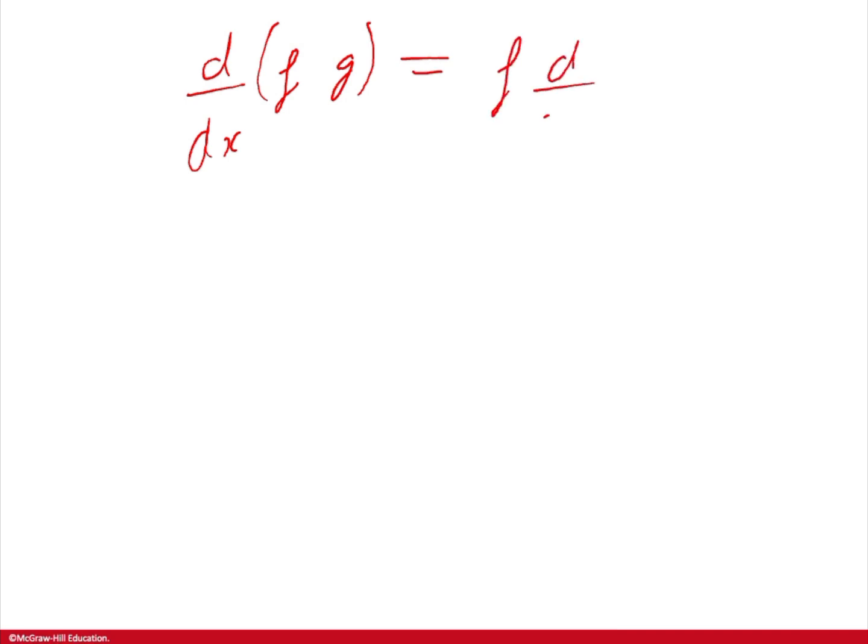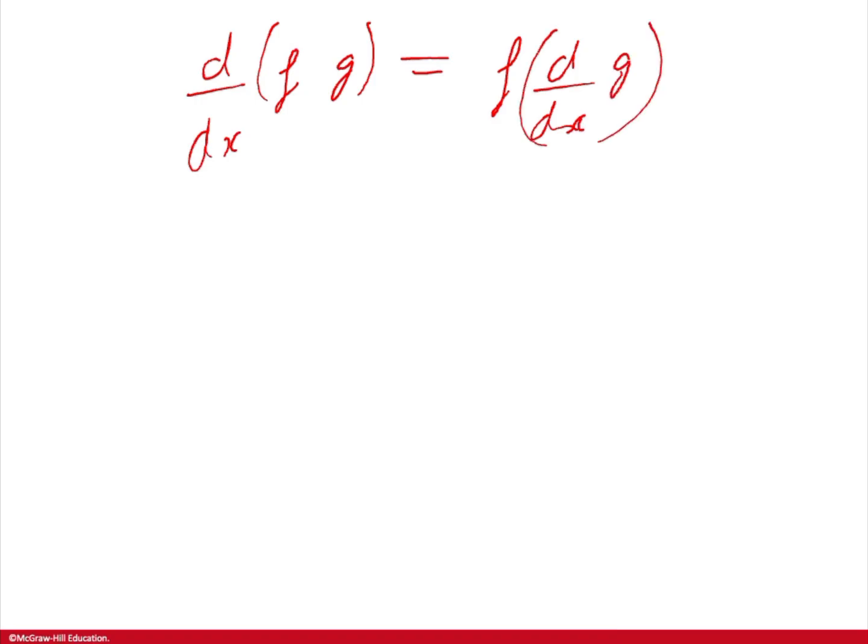Okay, so this basic concept comes back to calculus. If you have a derivative, let's say d dx of a function f times a function g, when can you take f out of this derivative?